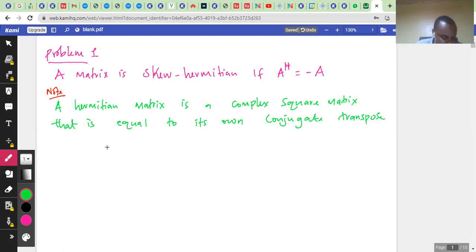So that is the definition of a Hermitian matrix, even without it being skew.